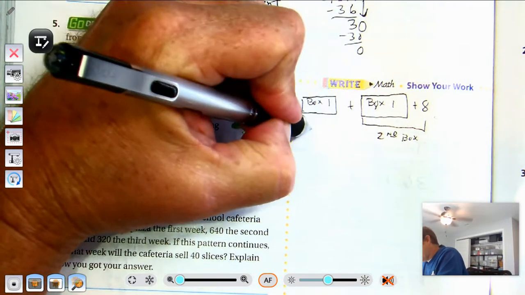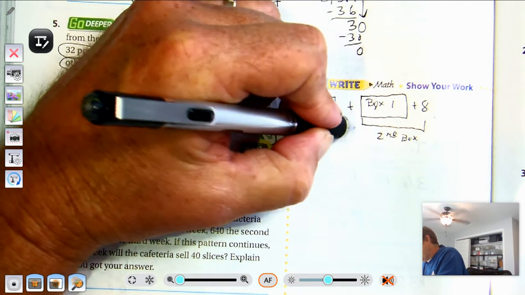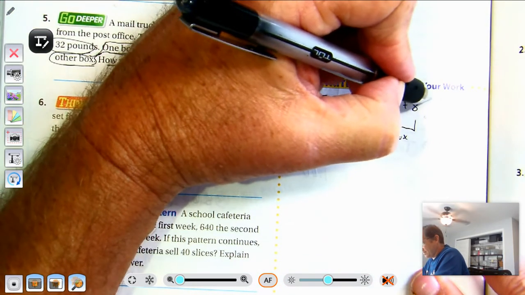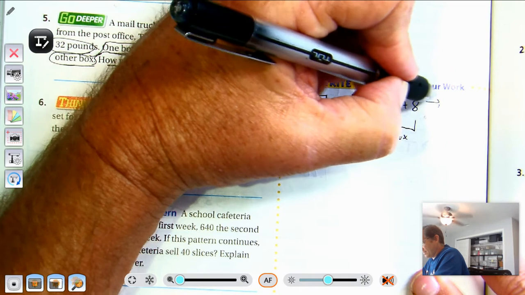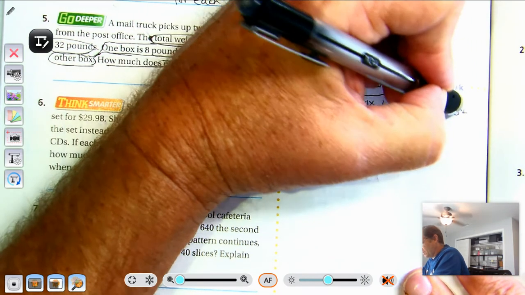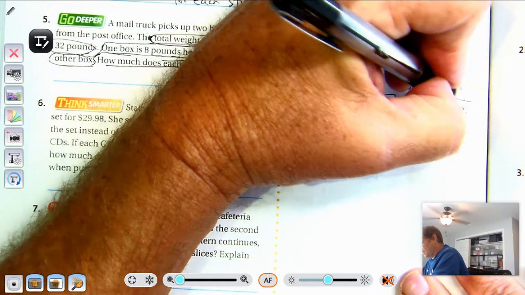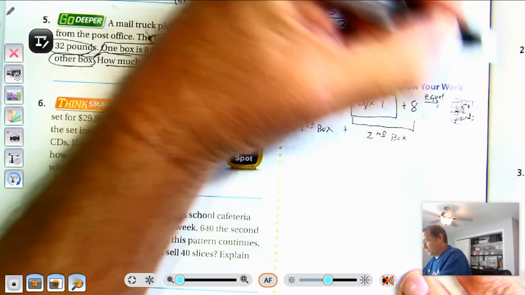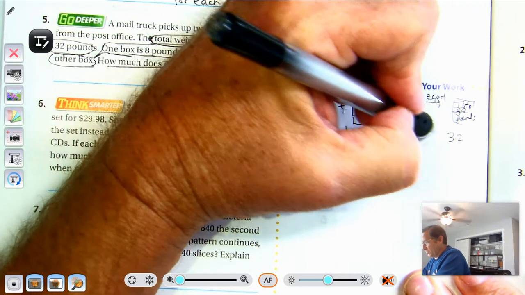Okay. So I'm going to put first box here plus the second box has to equal total pounds. Okay, and the total pounds is 32.